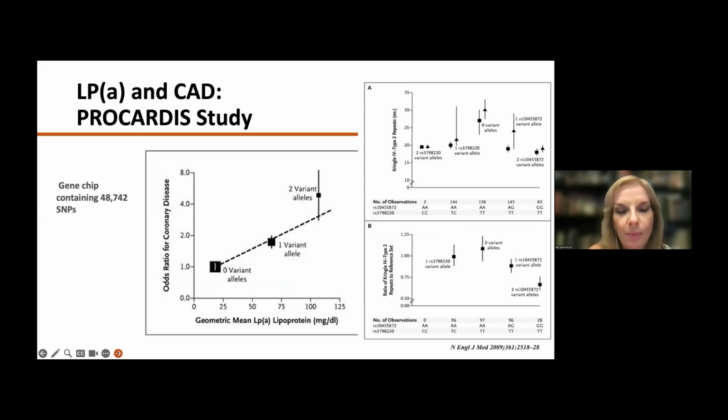So the polymorphism of LPA is very important apart from the LPA levels. However, this polymorphism might affect either the levels of LPA or the number of Kringle repeats, which, as I said before, are important in the prognosis and the outcome of these patients.